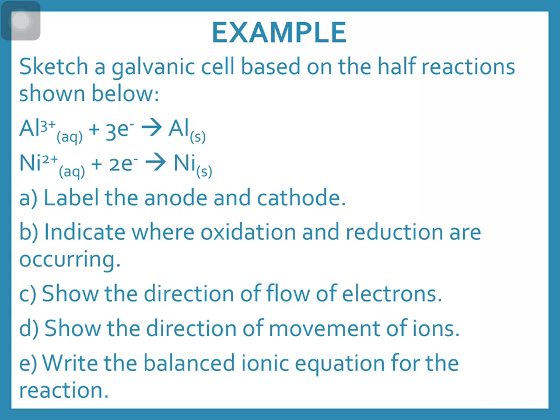These are both shown as a gain in electrons, which is reduction, and we'll see momentarily when we look at calculating the potential between the two cells that the table we look at is always written as the reduction. So we're going to need to figure out which one of these is going to be the reduction and which one is going to be the oxidation. So we're going to need to flip the one that's the oxidation for the half reaction.